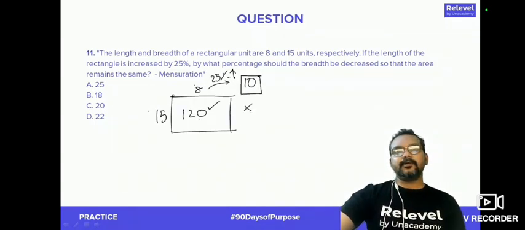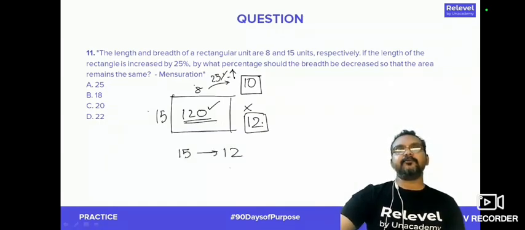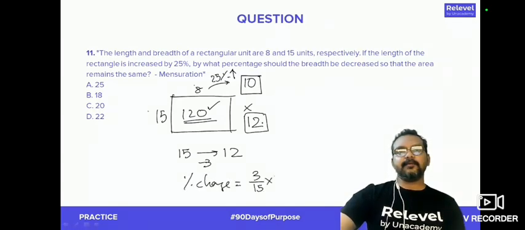So if I have to keep the area 120, I have to convert the breadth or the width to 12. So that 10 times 12 is 120. So the width changes from 15 to 12, so that's a decrease of 3. The percentage change is 3 on 15 times 100. So that's 20% decrease. So that is option C.